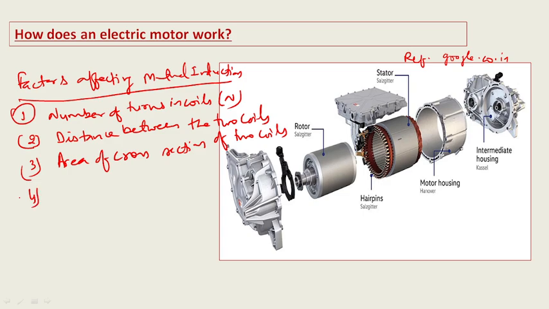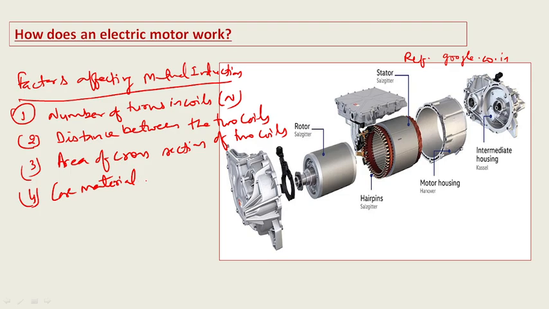Another very important one is the core material. Sometimes air core is used, so air only will be there. But if a soft iron core is used, the change in magnetic flux is greater, so more current can be induced.